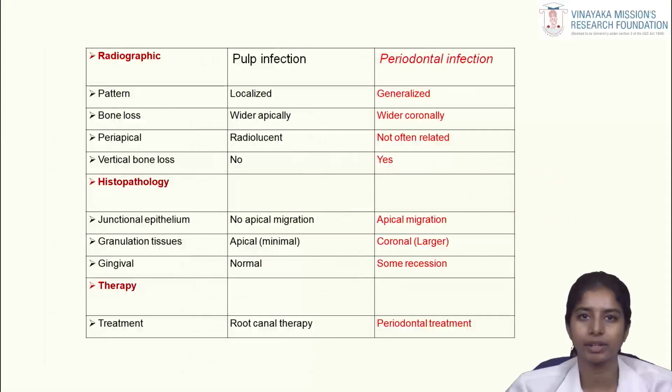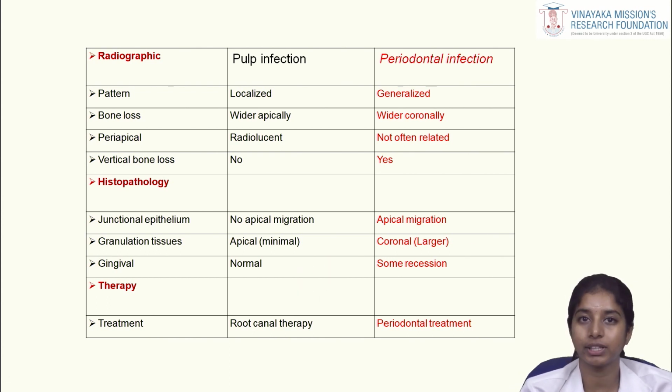And then coming to the radiographic patterns, in case of a pulpal infection, the bone loss will be wider apically and there will be periapical radiolucency. But in case of a periodontal infection, the bone loss will be wider coronally, and most often it is associated with a vertical type of bone loss. And then coming to the histopathology, in case of a pulpal infection, there won't be any apical migration of the junctional epithelium, the granulation tissues are confined to the apical part of the root, and the gingiva will be mostly normal.